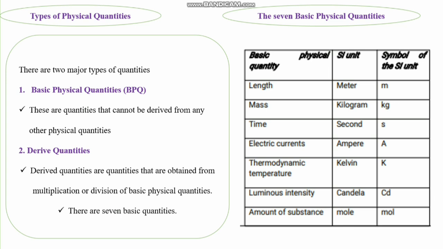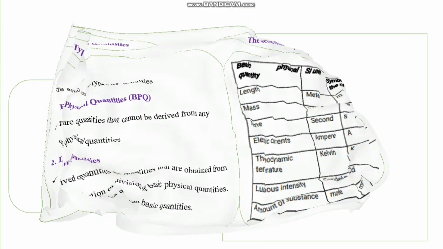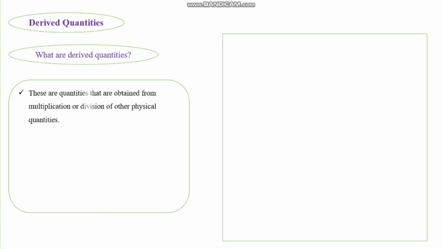But if we multiply or divide those basic physical quantities, we find the derived quantities. For example, the area is calculated by multiplication of length. So as we said, derived quantities are quantities that are obtained from multiplication or division of the basic physical quantities.